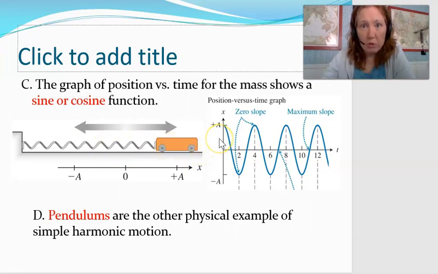No matter which one you graph, you will get a sine or cosine wave. And the amplitude we were talking about is how far did you pull it away from where it would want to be, so to speak, where the net force is 0 right here. If you pulled it A, or if you pushed it negative A, those are the amplitude measurements we were talking about. And then the period is the time it takes to complete a full cycle.